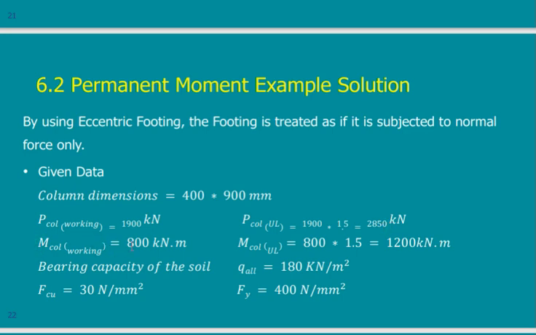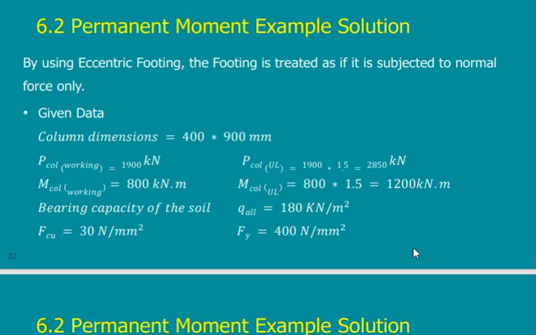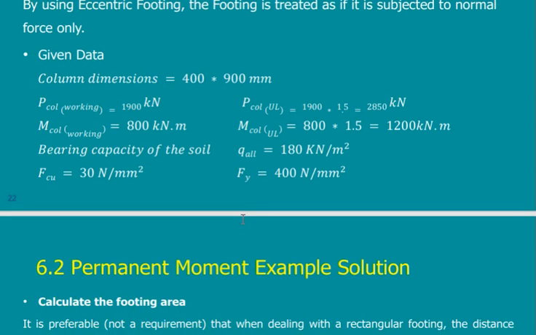The moment is given, multiplied by 1.5, I get the ultimate moment also. Bearing capacity, FCU and F yield are given. So I have just elaborated the moment and the normal force to be ultimate and working.